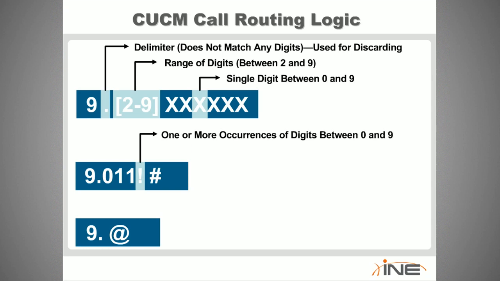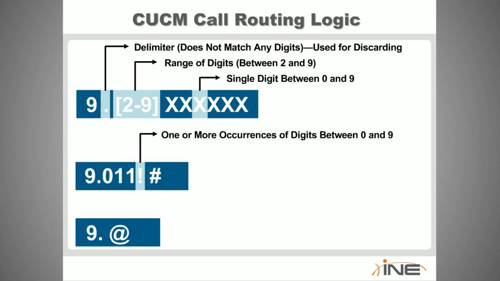This matches one or more occurrences of the digit between 0 and 9. This is similar to a regular expression plus, but not exactly. A plus in regular expression matches one or more of the preceding digit.